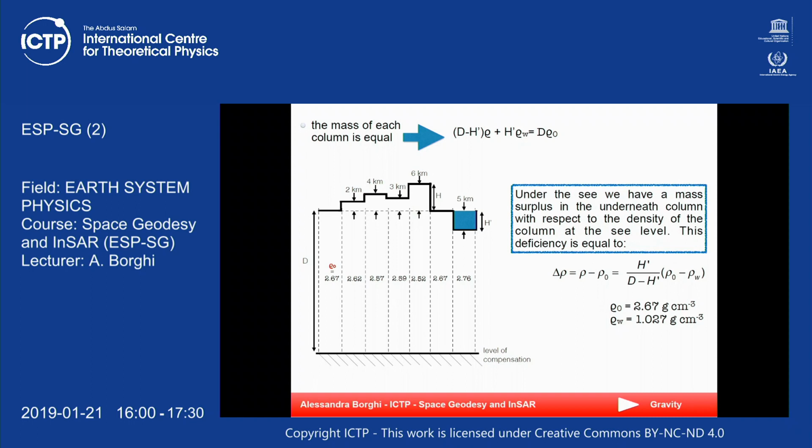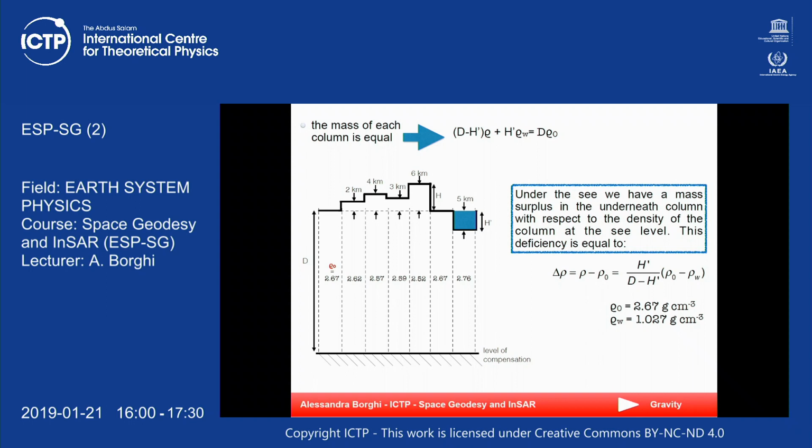Now we look at the case when we have water. In this case, it's more complicated because we have a part with the water, so the density of the water multiplied by the depth of the basin, and we have to take into account the residual column under the water.